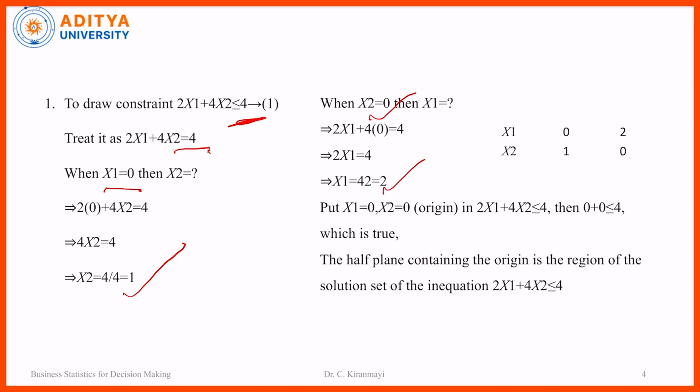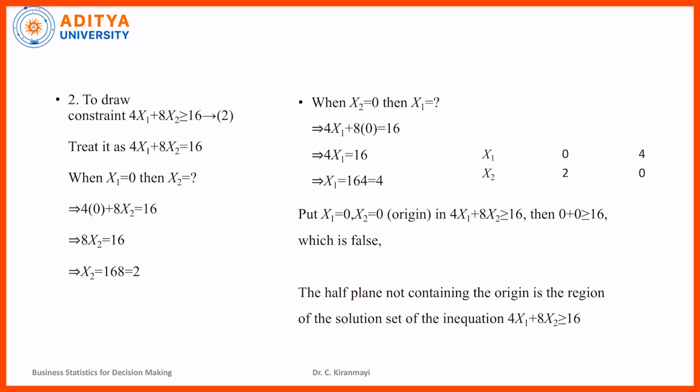So, when x1 is 0, x2 is 1. When x2 is 0, x1 is 2. Therefore, the coordinates of this constraint are 2, 1. Okay. And likewise, for the second constraint also we have to find out the coordinates. So, the second constraint is 4x1 plus 8x2 greater than or equal to 16.